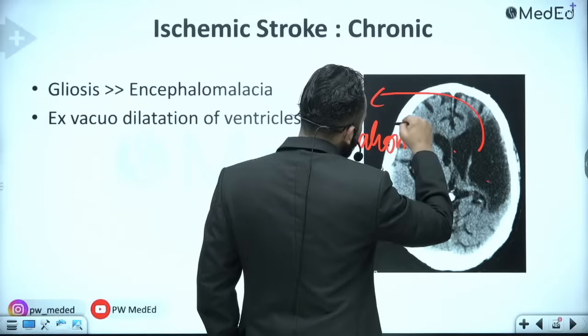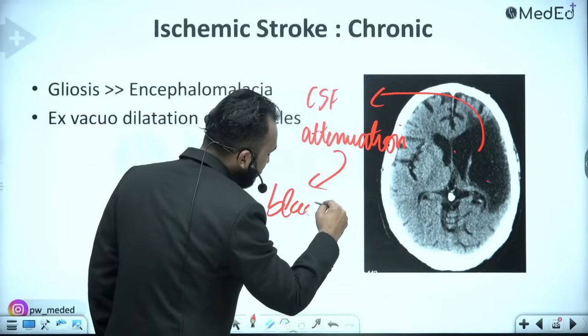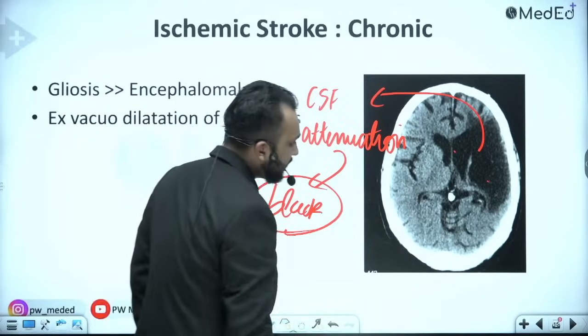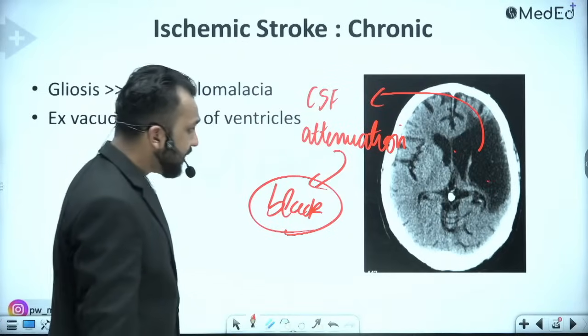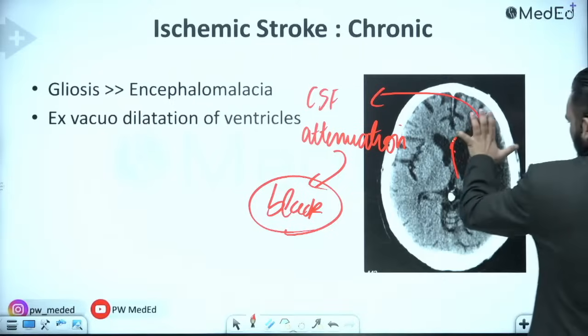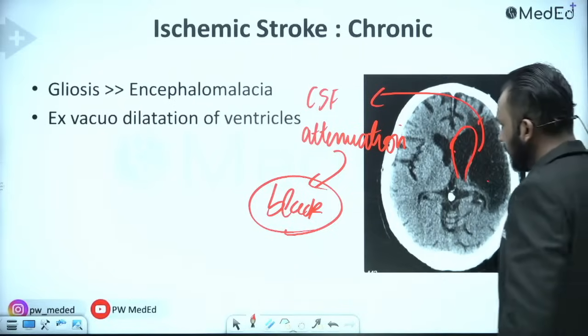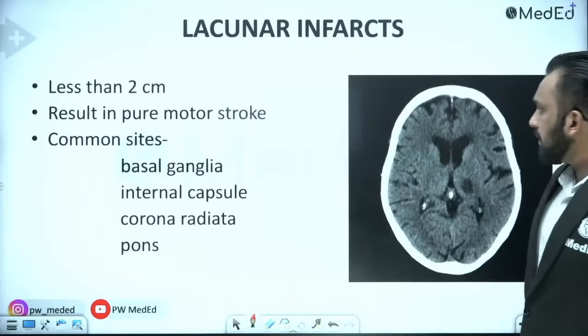And what is CSF attenuation? It is appearing black. Chronic infarct will appear black, like your CSF, and you will see that there will be ex vacuo dilatation of the lateral ventricle also.